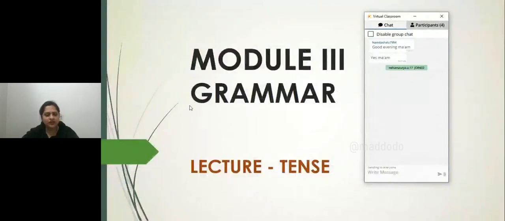We know it denotes time, but it is particularly important when we talk about spoken English. We should not go wrong with the tense in terms of usage. For example, if you're talking about facts, facts have to be in simple present tense, right? You can't use any other tense to show facts.